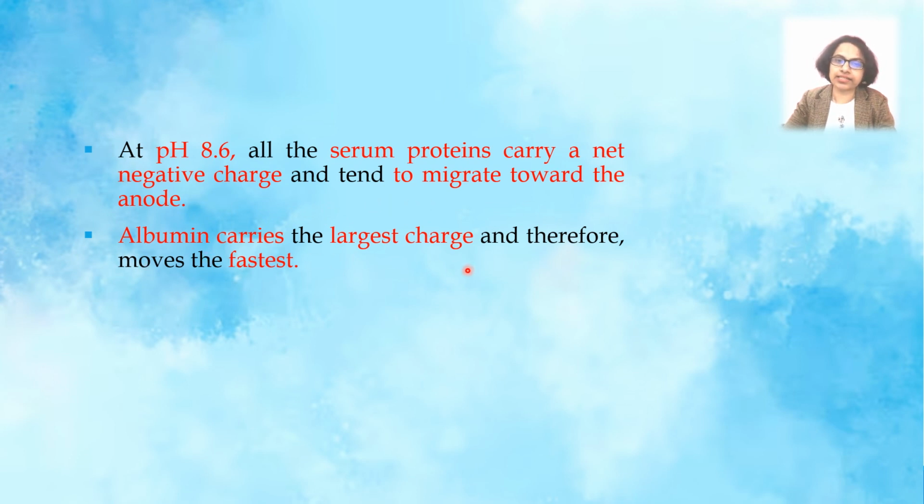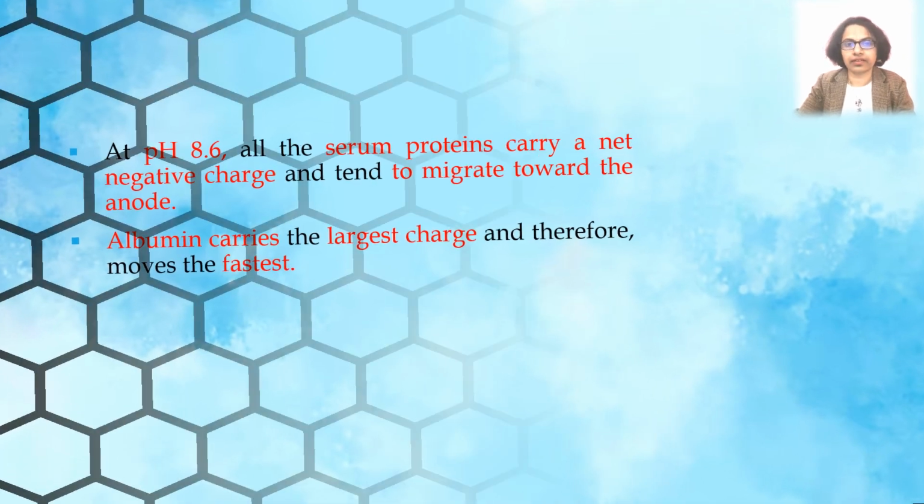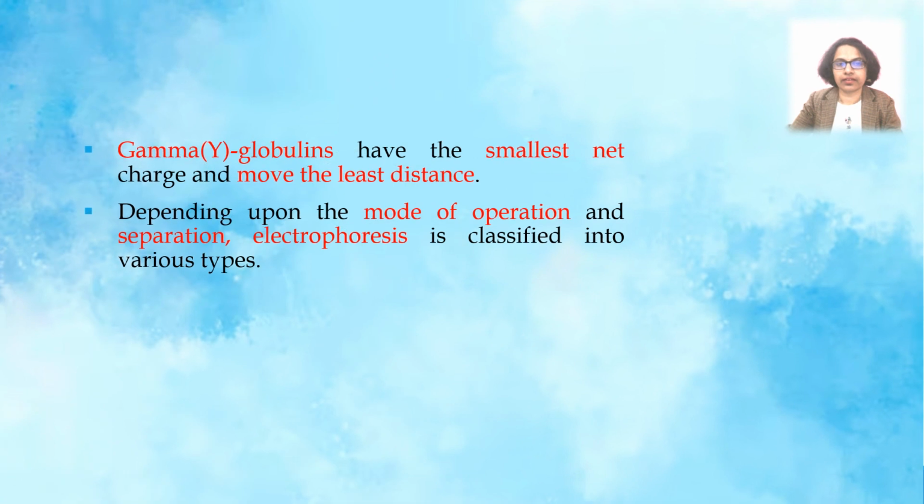Albumin carries the largest charge and therefore moves fast. Gamma globulin has the smallest net charge and moves the least distance.